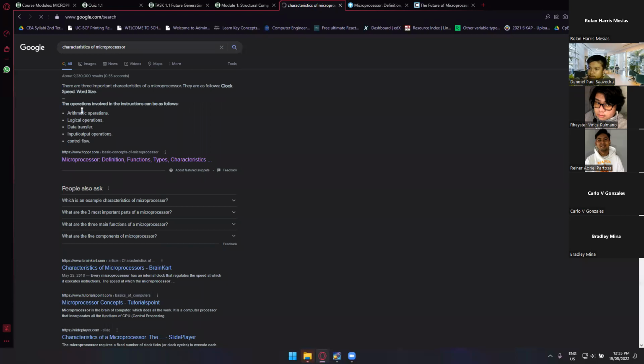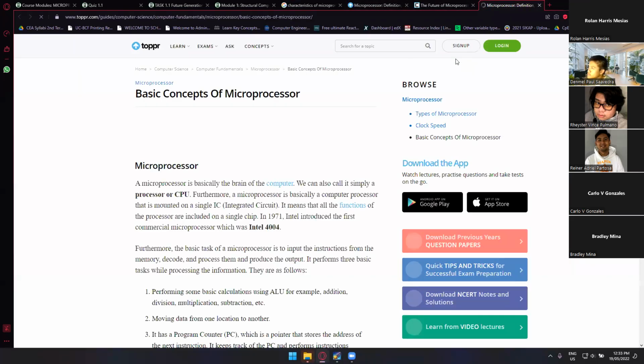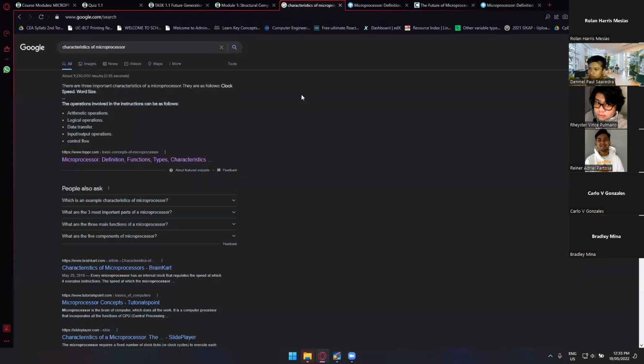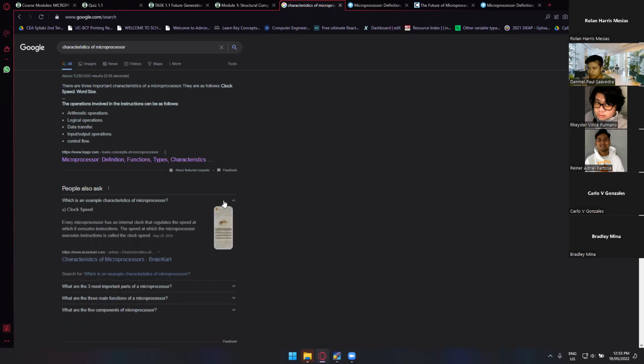Parang meron naman kanina dito. Operations small instruction can be. Ito ba yun? Pero ito na yun eh. Yung tatlo. We have arithmetic operations, logical operations, data transfer, input, output, operations control flow. So instructions at the speed.